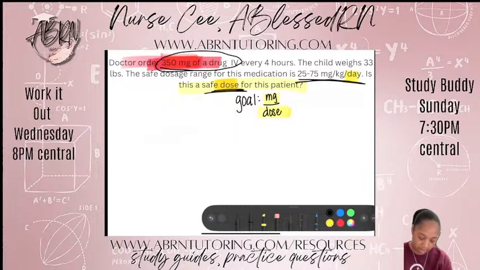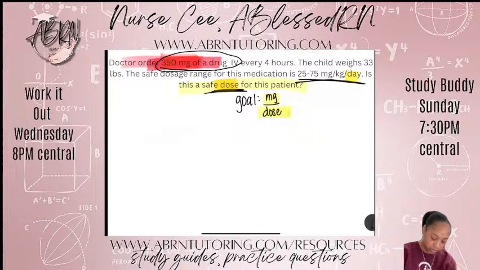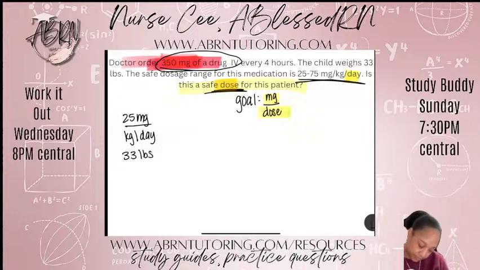All right. So we'll do 25 milligrams per kilogram per day. And the patient's weight is 33 pounds. And then check this out. This is supposed to be given every 4 hours.